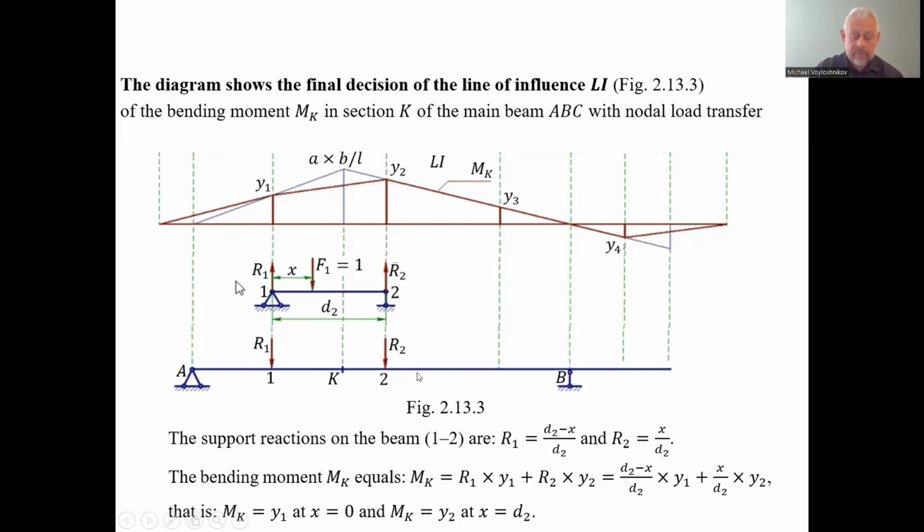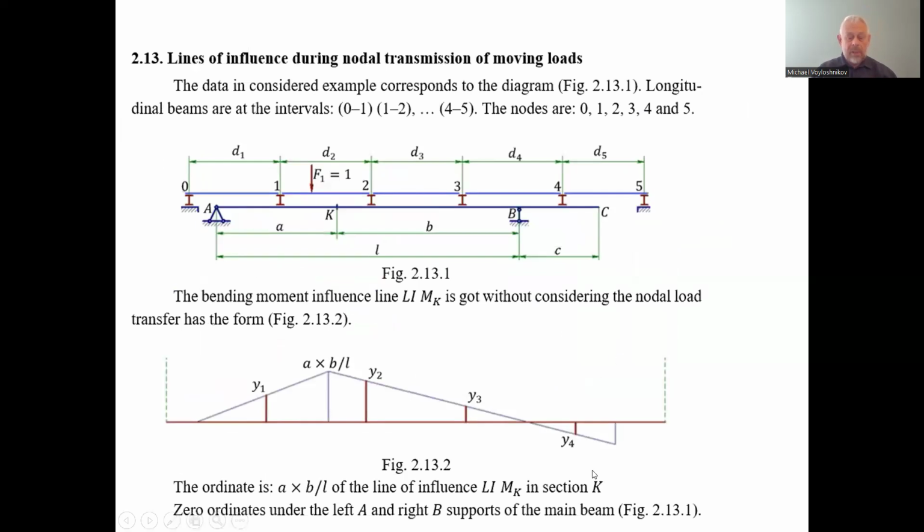So first, we have to do the line of action of the moving load on the main beam, assuming that we have no auxiliary beam and the load moves just along the main beam.